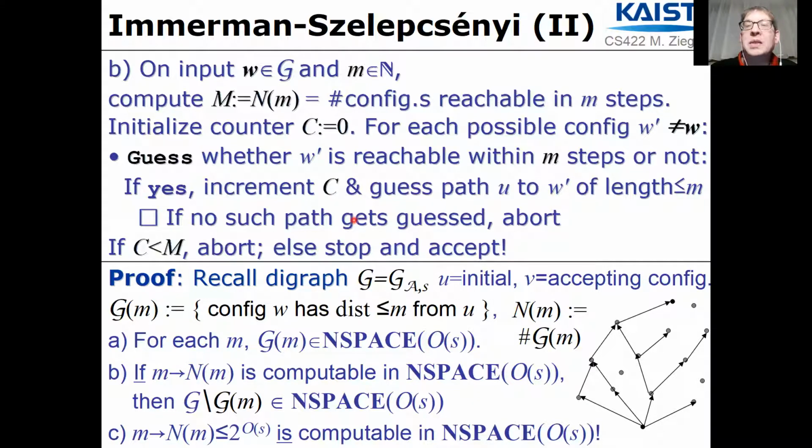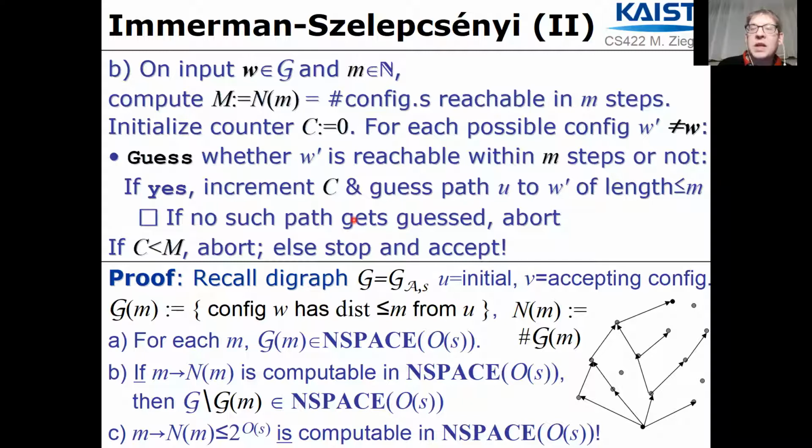So we guess which vertices are reachable and which ones are not. We forget, of course, we don't store which vertices we guessed, but we maintain a counter. And so if the reachability counter turns out correct, then that means also that the vertices which we guessed to be unreachable are indeed unreachable.